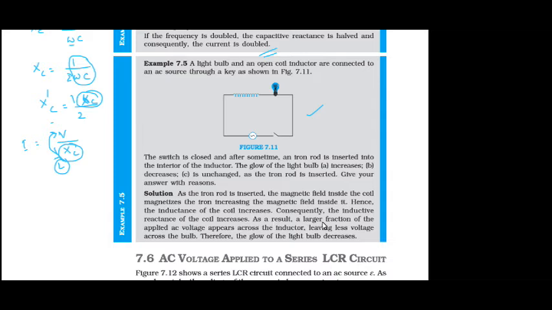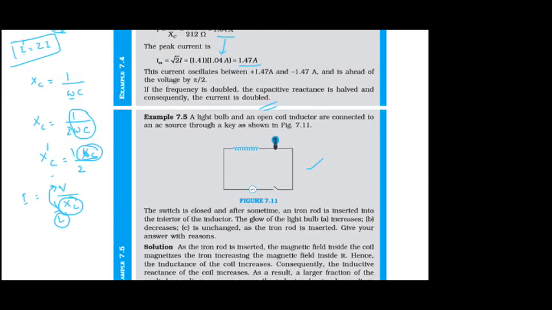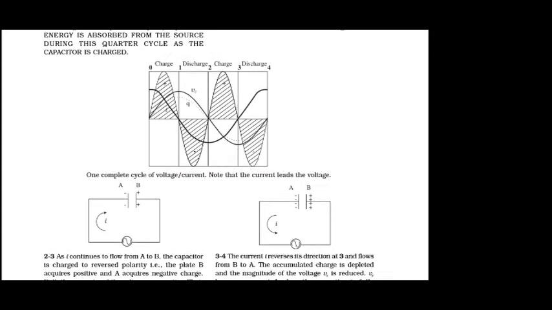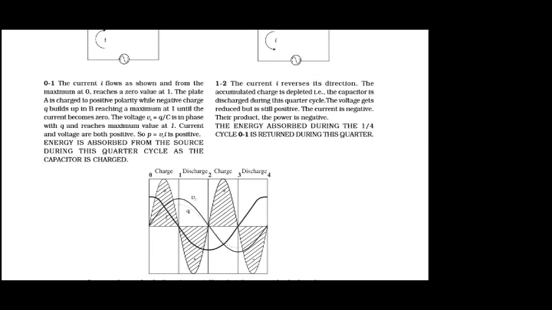As a result, a large fraction of the applied AC voltage appears across the inductor, leaving less voltage across the bulb. Therefore, the glow of the light bulb decreases. So now we will do this part.